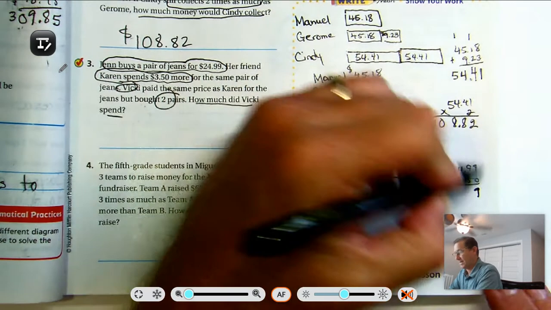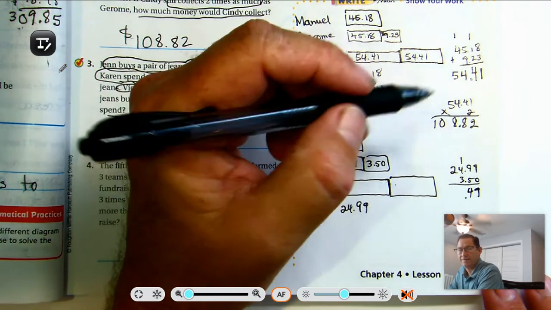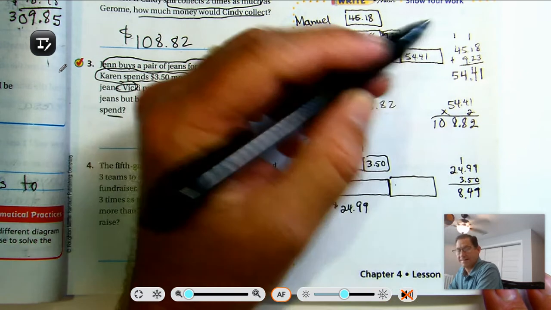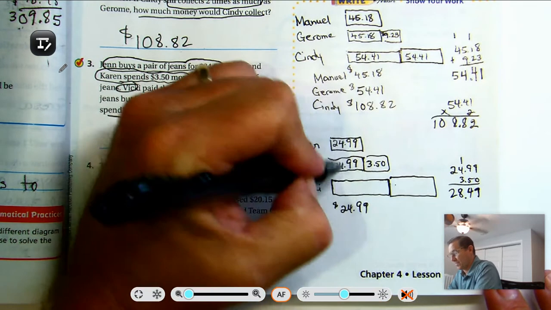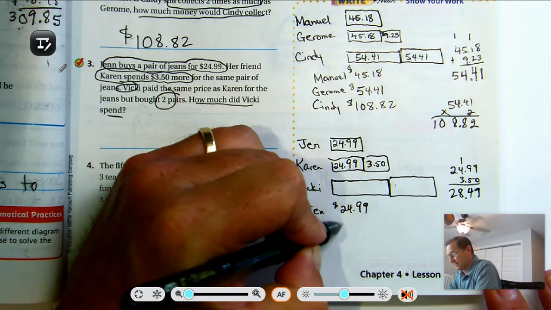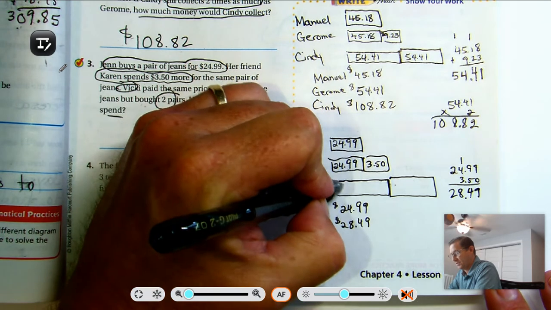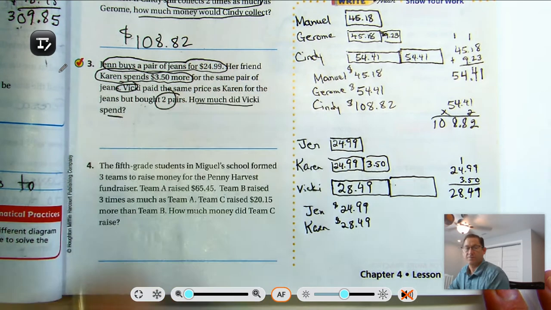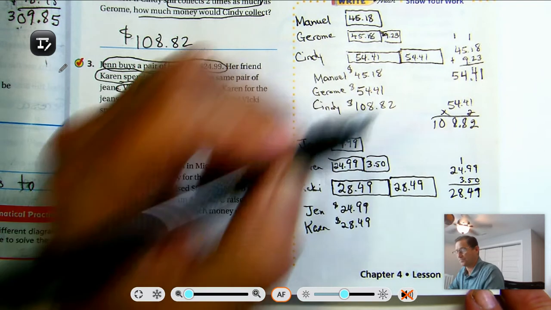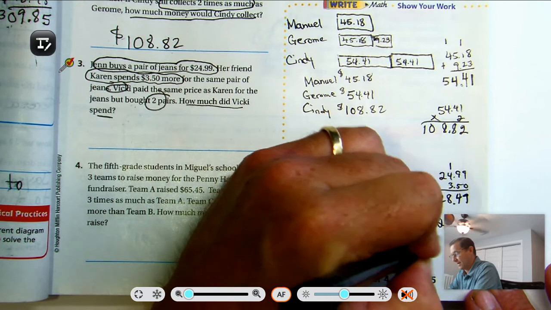So 9 and 0 is 9. 9 and 5 is 14. Regroup that as 1 tenth and 4 tenths. 4 and 3 ones is 7, plus 1 more is 8. So we know that Karen spent $28.49 on her pair of jeans. So Vicky spent the same amount, but she bought two pairs. So 28.49 times 2.